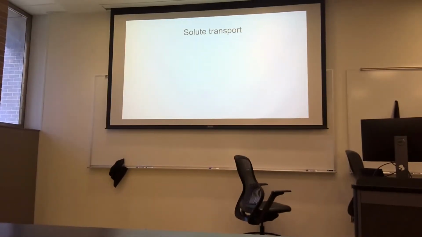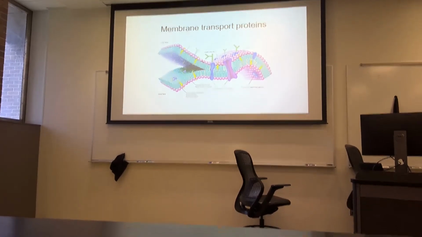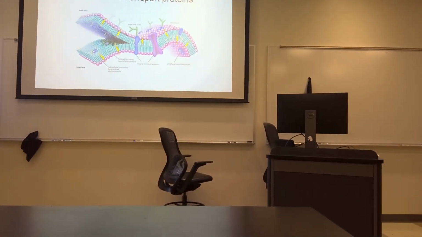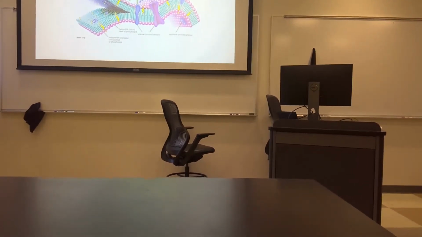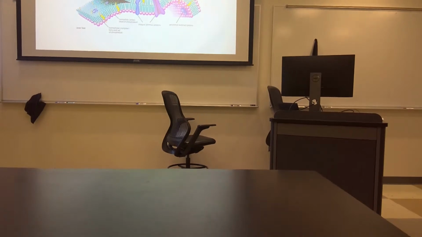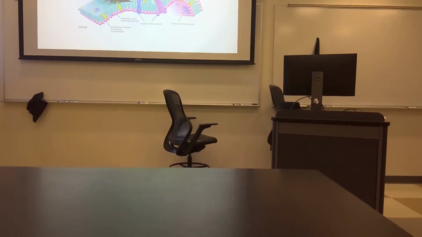Okay, so we're going to be talking about solute transport, how things get in and out of cells. So we're thinking about membrane transport proteins. We have the bilayer, and the phospholipids, which are the main components of the bilayer, have the polar groups facing the hydrophilic environments in and out of the cell, and then the hydrophobic lipids towards the interior.